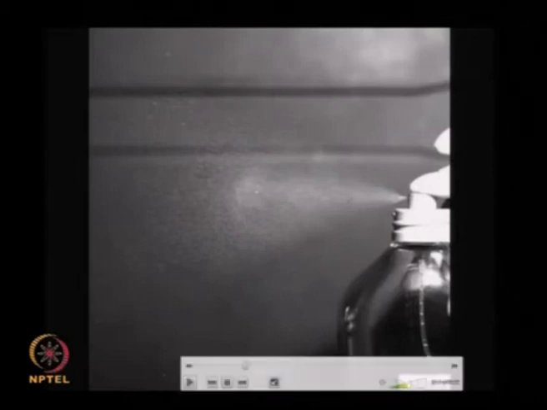Still, close to the spray nozzle you can understand the idea of a spray angle. So, macroscopic measurements such as spray angle and maybe even spray pattern can be understood from a simple videograph like this, or even an individual photograph. We will play this for a short while.